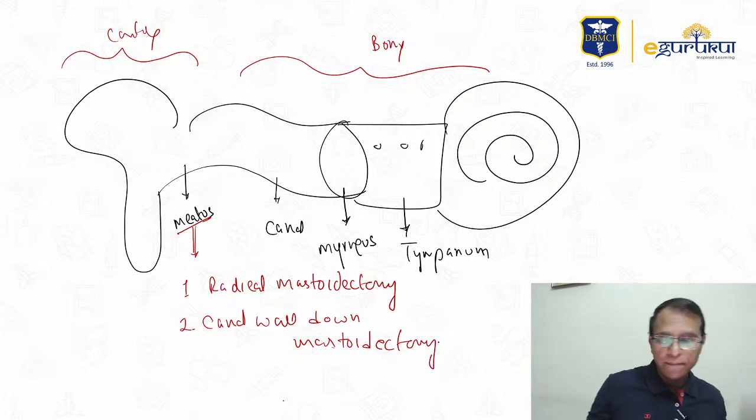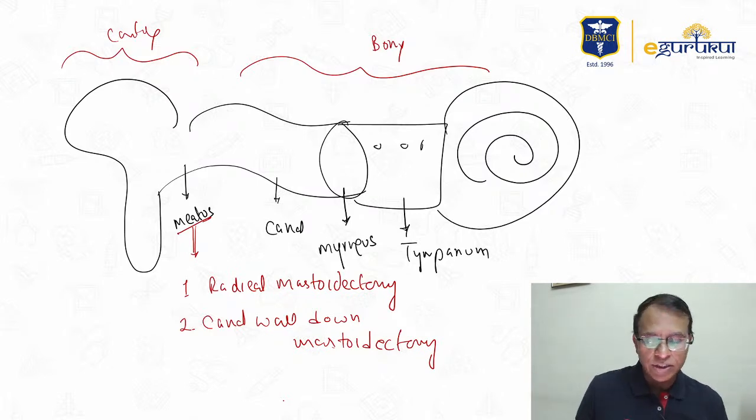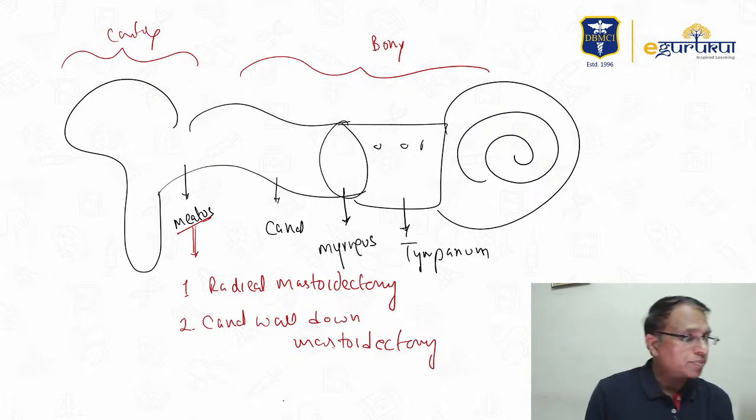So clearly, this surgery was canal wall down, as they mentioned, and they are telling you that you are repairing the cartilage part of the external canal. So it is meatoplasty.